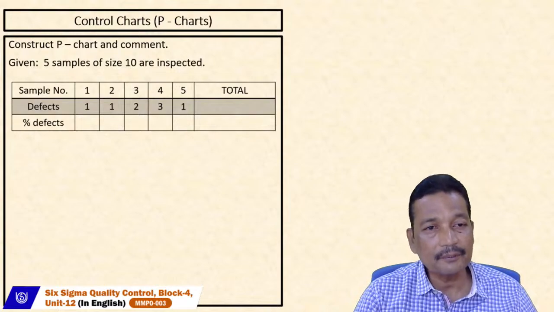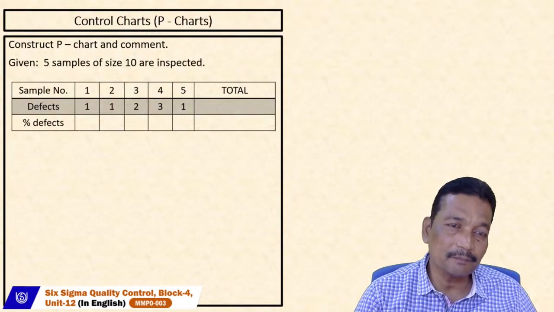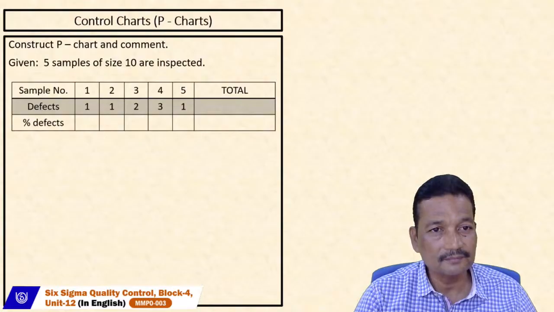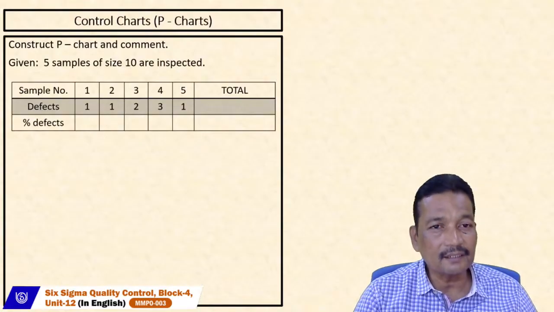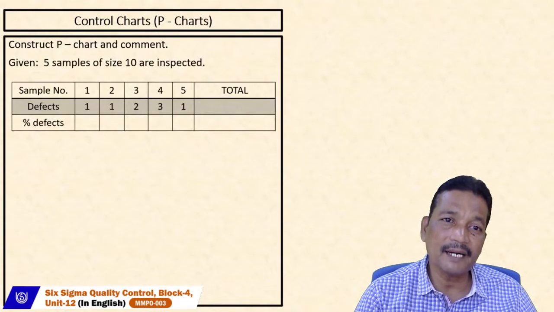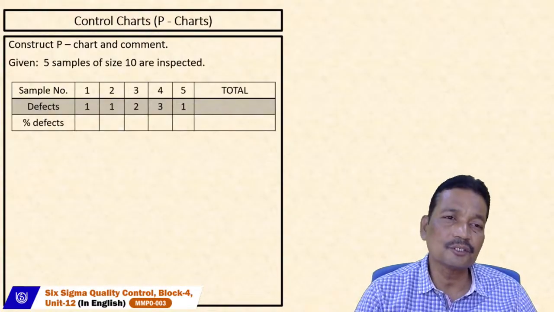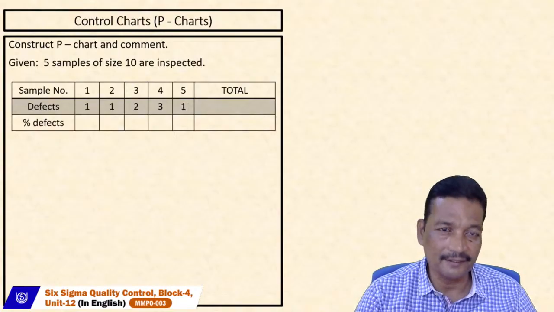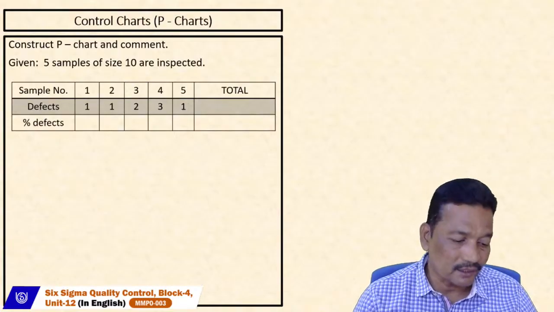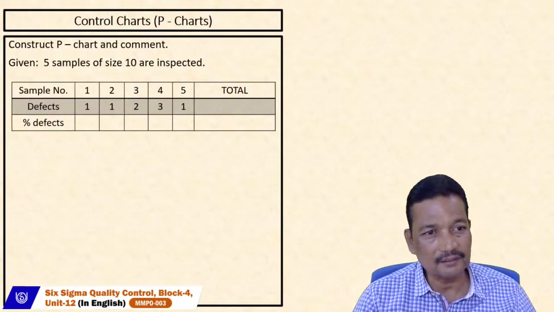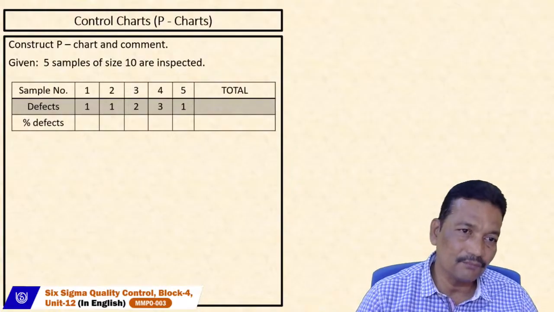That means in each sample, how many items were picked up? 10 items. Out of the 10 items, nothing can be bad. One can be bad, two can be bad, or at most 10 can also be bad. So first we try to find out what is the percentage of defective.